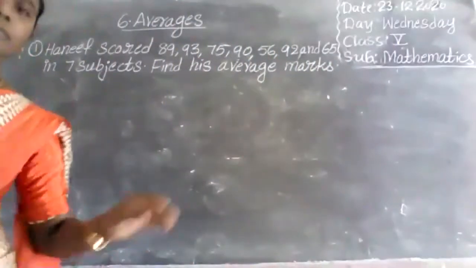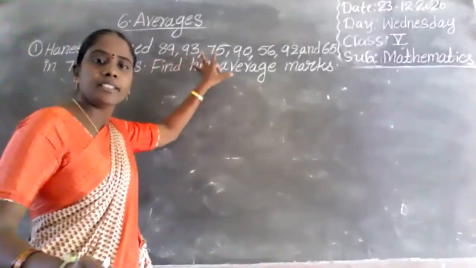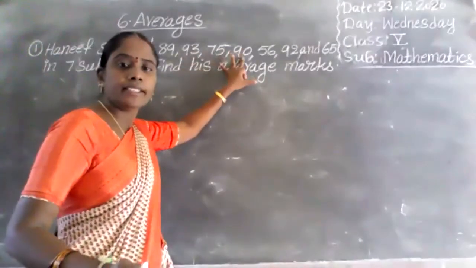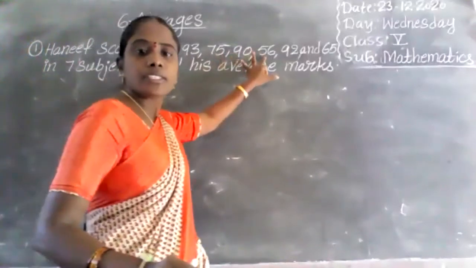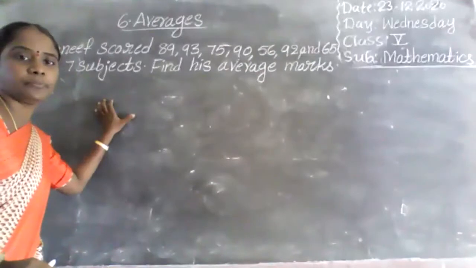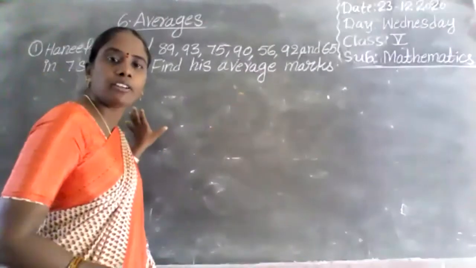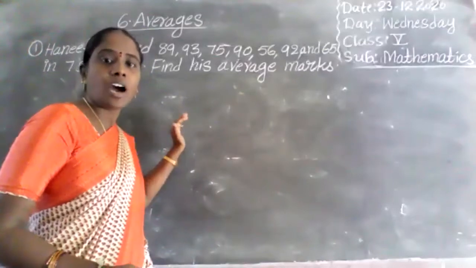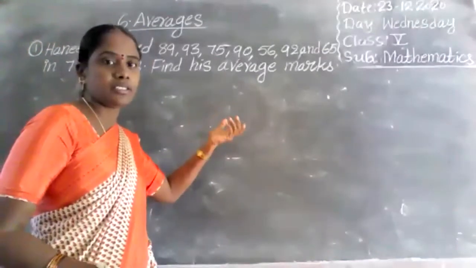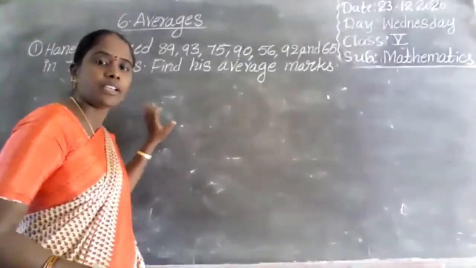Okay, Hanif scored marks 89, 93, 75, 90, 56, 92, and 65 in 7 subjects. Find his average marks. First, we have to find out the average. Afterwards, I will explain how to find the sum of the quantities.